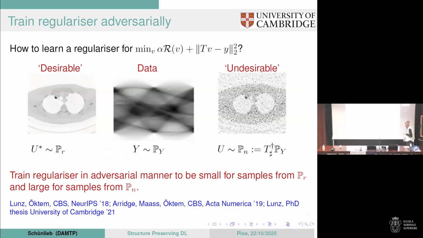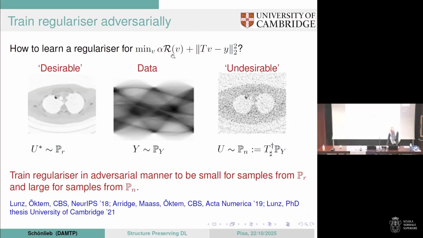The first question that arises when you think about making a regularizer data-driven is how to train such a regularizer. And if you want to have a regularizer that you put back into such a variational model, the thing that came to us was to train it almost like a classifier.